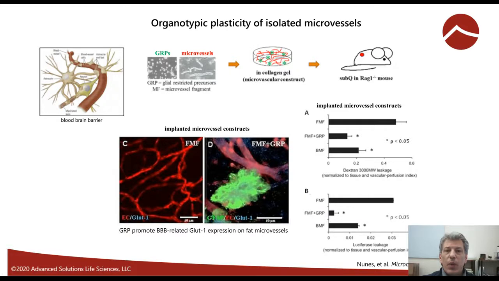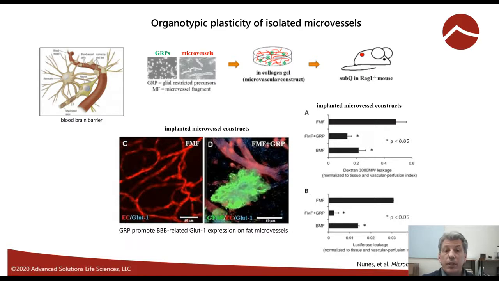So in the process of doing these experiments, we uncovered this organotypic plasticity. In this particular case, which we published some years ago, we take our fat microvessel pieces and combine them with cells that help establish the blood-brain barrier, a very tight permeability barrier in the brain.